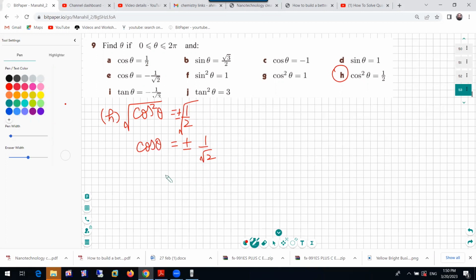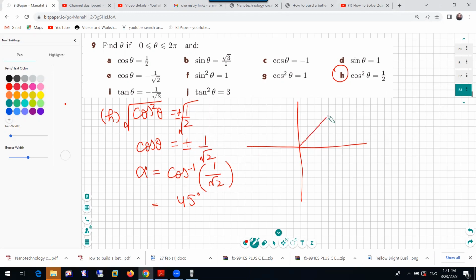I'm finding the basic angle first. The basic angle is obviously with a positive sign, and it gives you 45 degrees, right? Okay, now create the quadrants. Positive cos exists in the first and fourth quadrant.